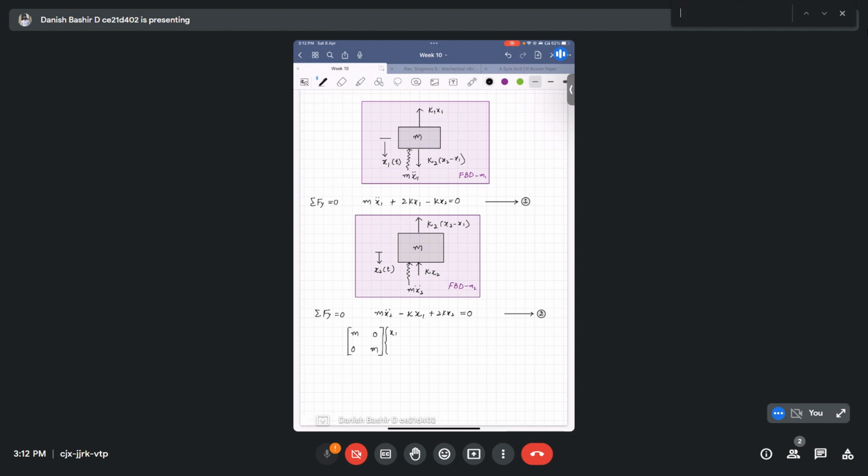We have x1 double dot, x2 double dot, and for the stiffness we write 2k, minus k, minus k, and 2k again. And we have the two displacements x1, x2. Since it's a free vibration problem, no forces are acting on the system, so we have 0 0. This is the system of equations that we will obtain for our 2 degree of freedom system.